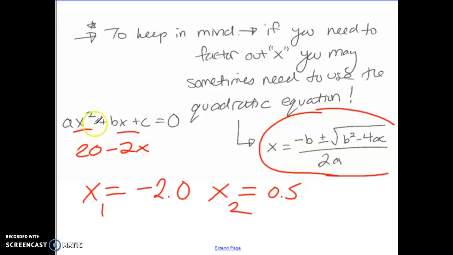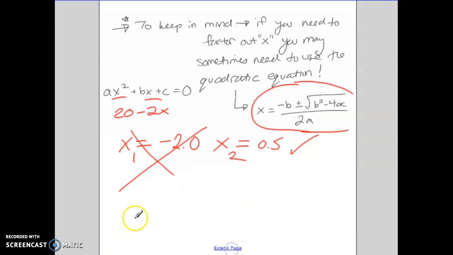Let's say we plug in our values in our quadratic and we get 2 x values, like -2 and 0.5. First of all, you can never have an X value that is negative. If you're doing this quadratic and one of the 2 values you get as your answers is negative, that is invalid. You cannot have a negative X. So in this case, this would be our situation.